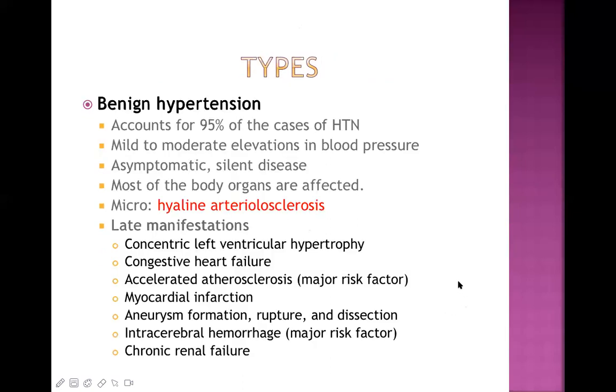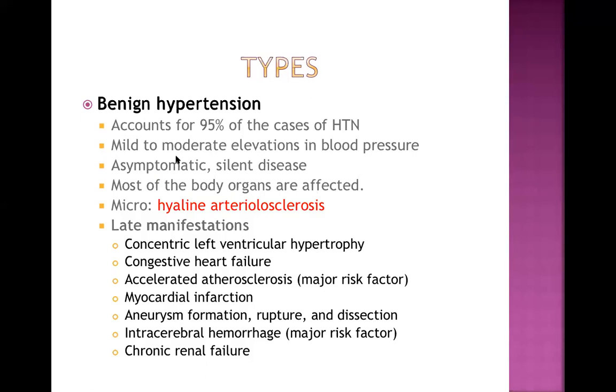Now, another classification of hypertension is benign and malignant hypertension. Now, we were talking about this in the morning. Benign hypertension accounts for 95% of the cases of hypertension. So this is again very common. This is a good point in comparison to malignant hypertension, because malignant by the term itself suggests a lot of target organs would be damaged there.